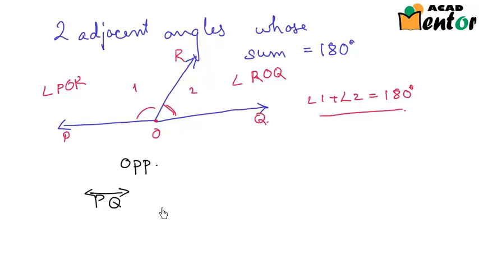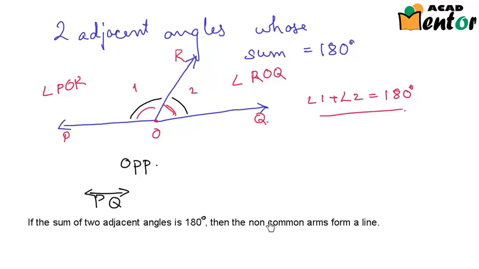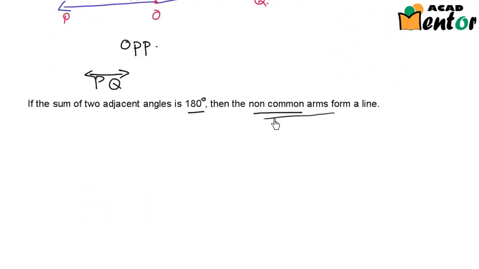That's the inverse of the first axiom that we saw. So if two adjacent angles have a sum of 180 degrees, then their non-common arms would form a line. Let me write it down for you here. As I told you, it says if the sum of two adjacent angles is 180 degrees, then the non-common arms form a line.